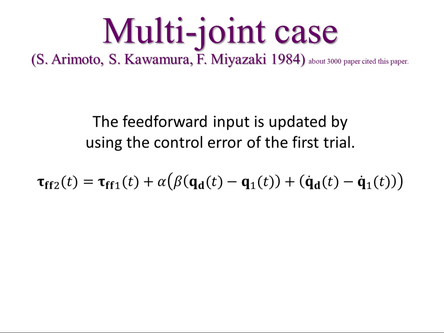The computational cost of these equations is significantly less than that of the computed torque method or adaptive control. Therefore, iterative learning and repetitive control has the advantage that it is very easy to implement for robots with many degrees of freedom and consumes few computational resources.